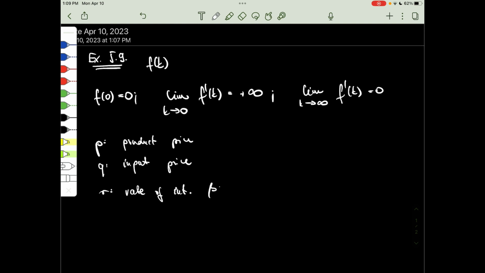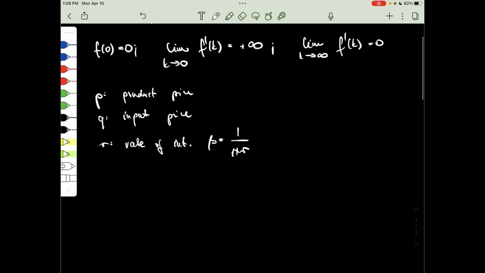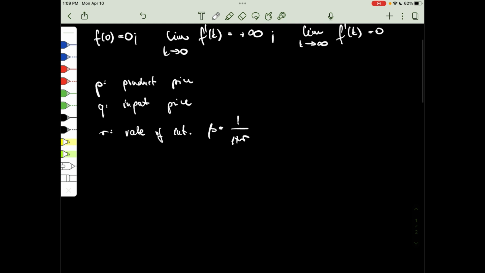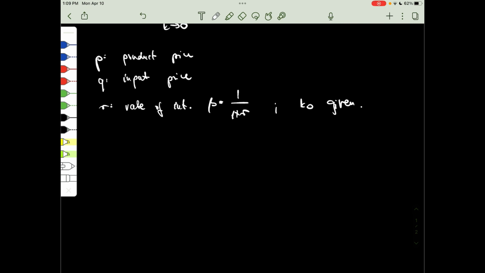Okay, and this equality holds interconnecting the rate of interest and the discount factor. K0, the initial capital stock, is given. All right. So the firm's problem is this.